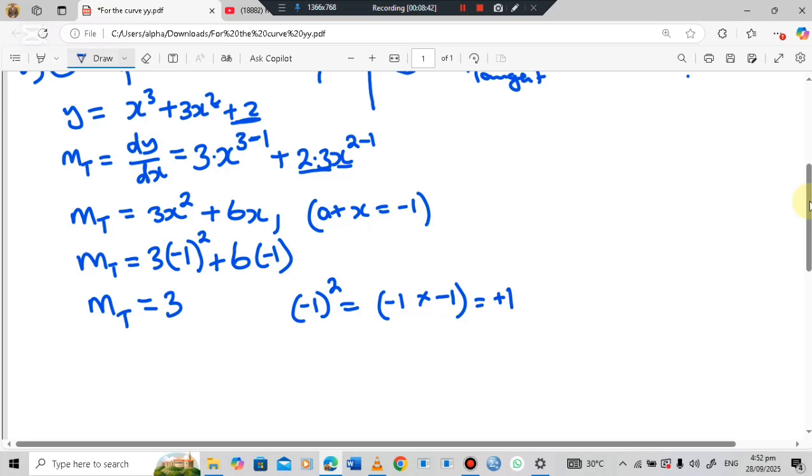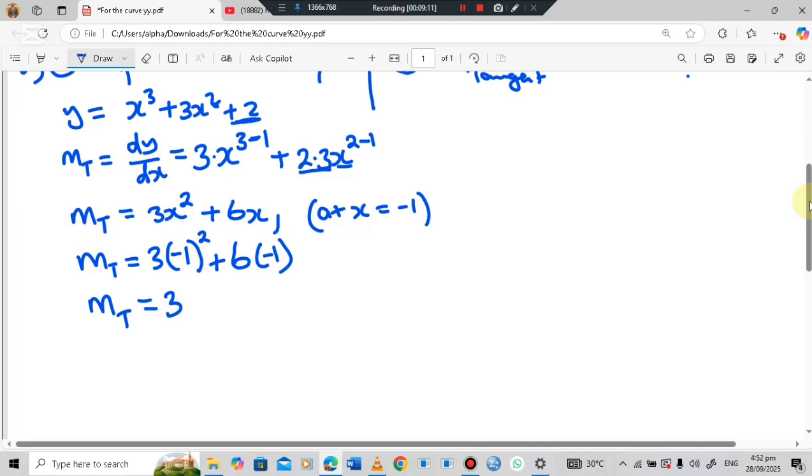In general, if a negative number is in brackets and it has been raised to an even power, be it power 2, power 4, power 6, and so on, as long as the power is even, you will have a positive answer.